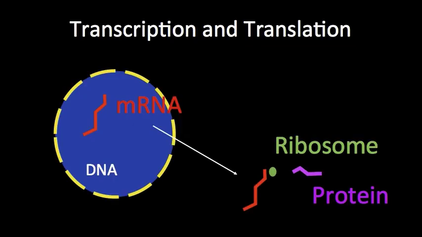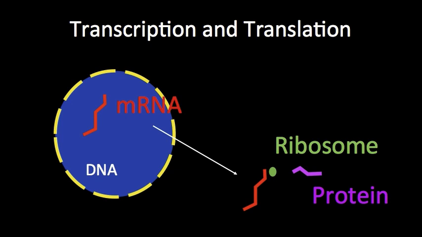And the next organelle I want to talk about is called a ribosome. Ribosomes live on little strings called rough endoplasmic reticulum adjacent to the nucleus. And these ribosomes are responsible for making protein.